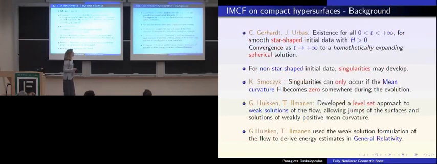Okay. Now, what I would like to discuss today is whether such results extend to other geometric flows. In particular, I chose to talk about the inverse mean curvature flow and the Gauss curvature flow.